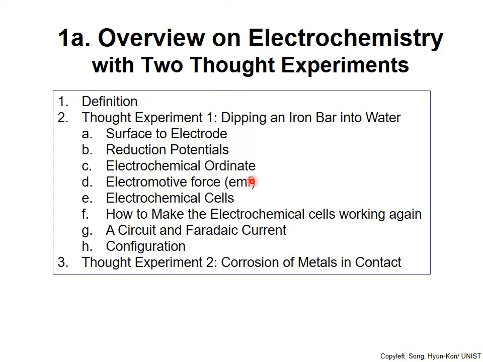That is the electrochemical cells. The followings would include how to make the electrochemical cells working, and also the concept of circuit and Faraday current would be presented. The Faraday current is the current generated by reduction electrochemistry and also oxidation electrochemistry.